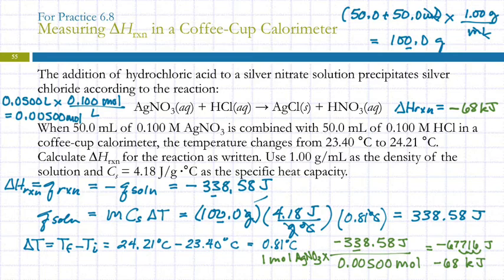Any questions? Yes? It's asking for the Q in the reaction. Most likely the unit, whether you put joules or kilojoules, really depends on the size of the number. So this, 67,000, that's a really big number.